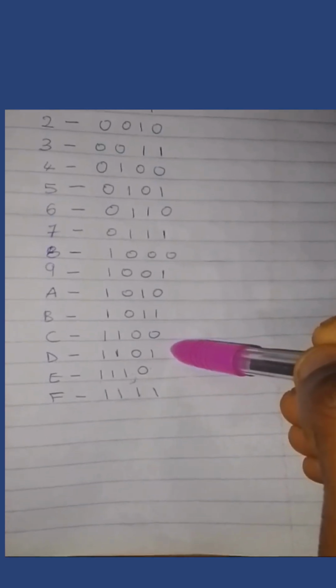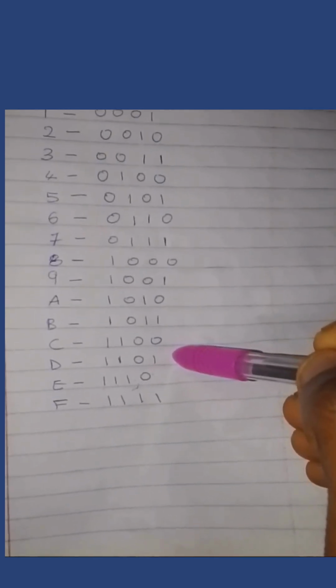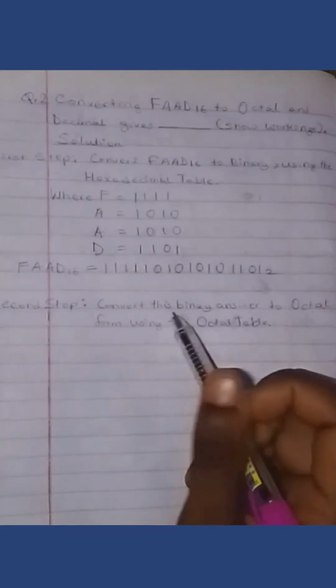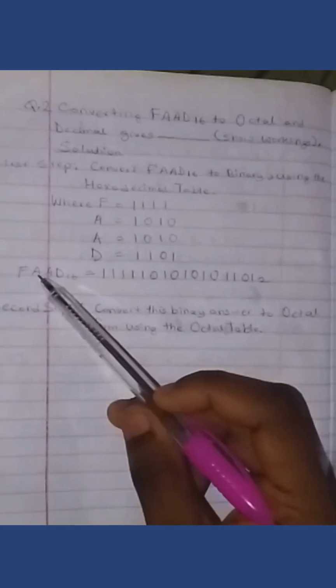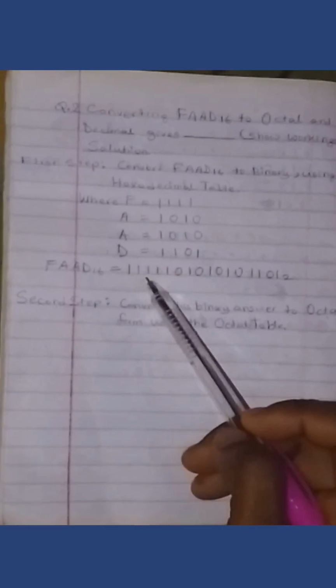I think we should confirm this. Alright, we are right on track. Alright, so let's begin. Our FAAD, as of what we have discovered, 1111 1010 1010 1101 in base 2.